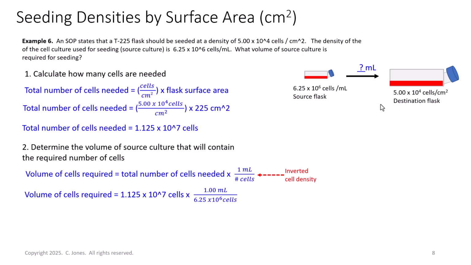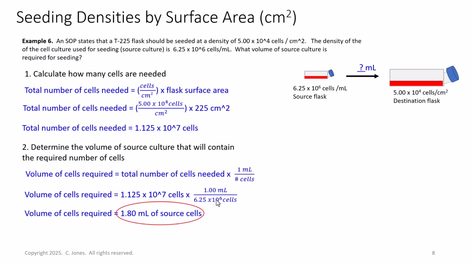So we just plug the numbers in. 1.125 times 10 to the 7th cells that we calculated as step 1 times 1.00 mil per 6.25 times 10 to the 6th cells. So we've just, again, inverted the cell density that we obtained when we counted cells from this flask. If we do the math, it turns out that we need 1.80 mils of source cells. And here I have followed the correct number of significant figures for my final answer.